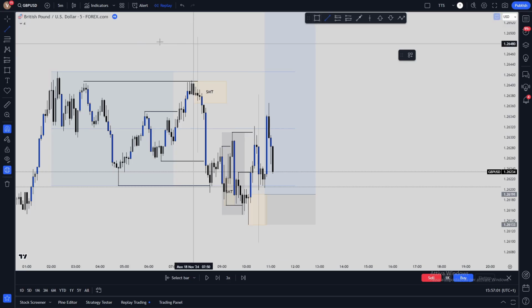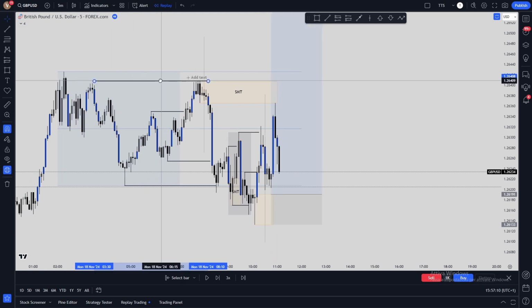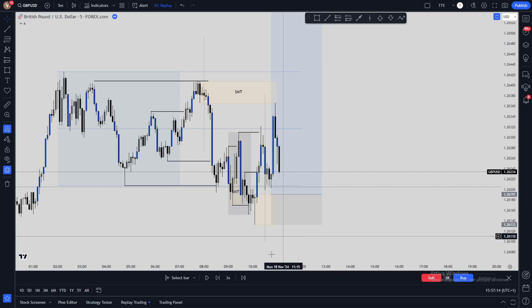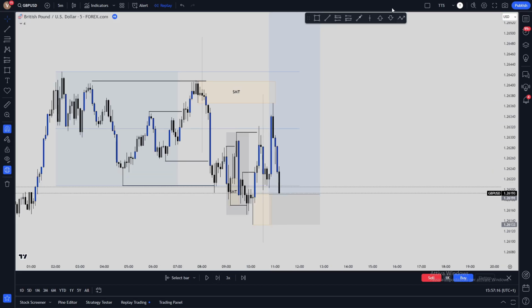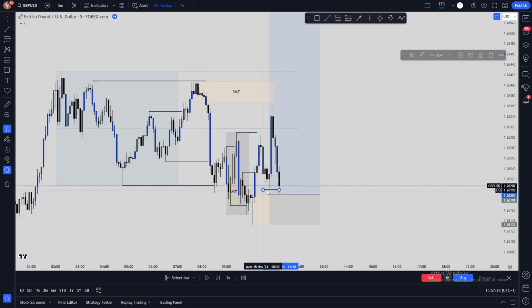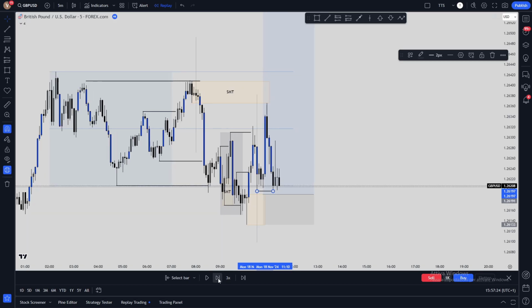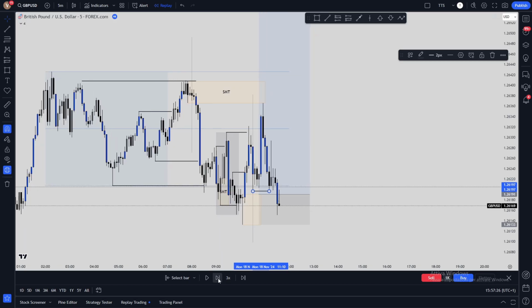We also reacted from this area perfectly, you see, bam, a reaction from this area, also a kind of relative equal, so the perfect reaction induced more sellers into the market, with also this breakout structure here. So this entry was 100% valid for me to take, bam, perfect.